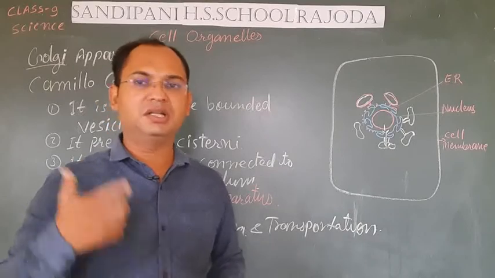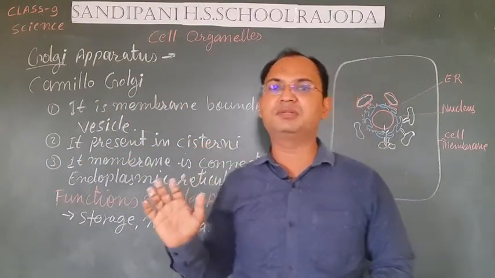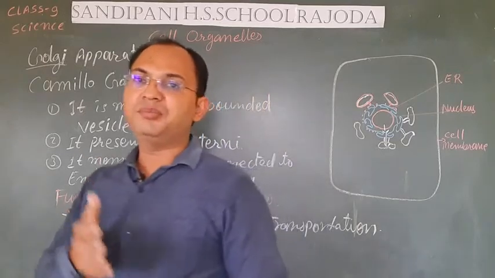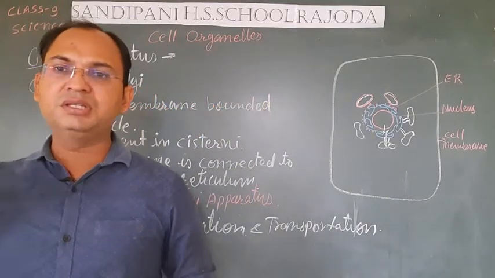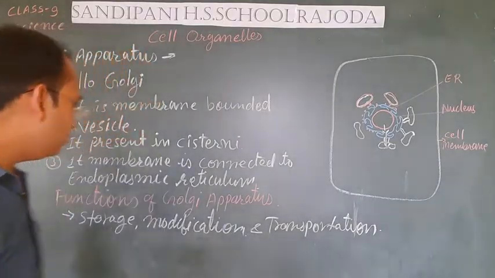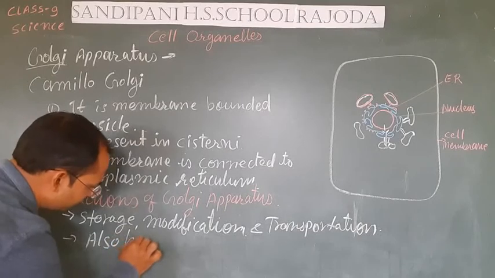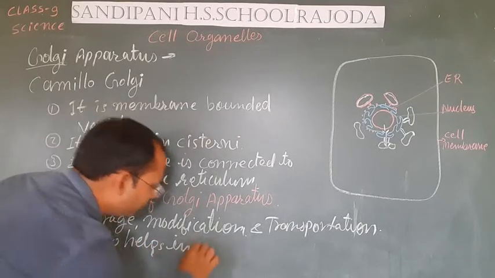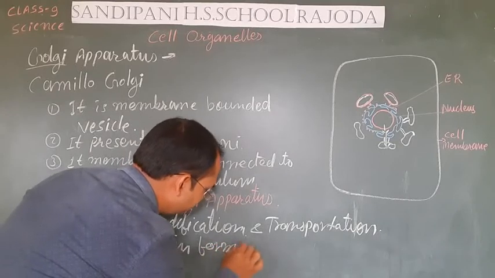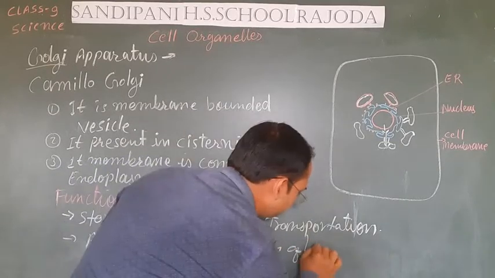Lysosomes are very important cell organelles. We will see them in detail also, but they play a very important role in protecting the cell from pathogens. So, it also helps in the formation of lysosomes.